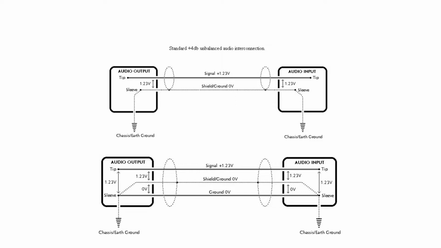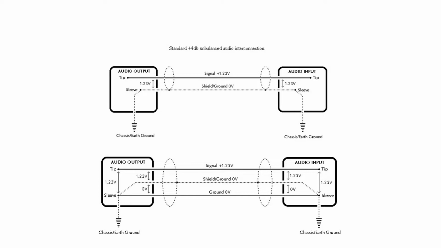So effectively, they are electrically a two-wire interface. And this represents a standard plus 4 dBu unbalanced audio connection. So the potential difference or the voltage difference from the ground to the hot potential is 1.23 volts.